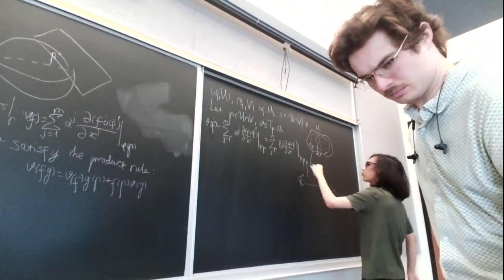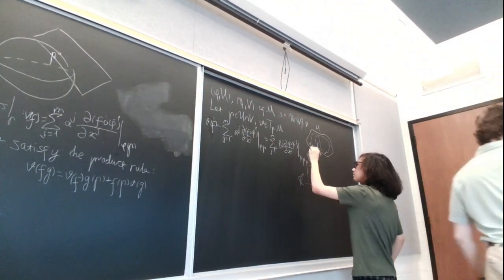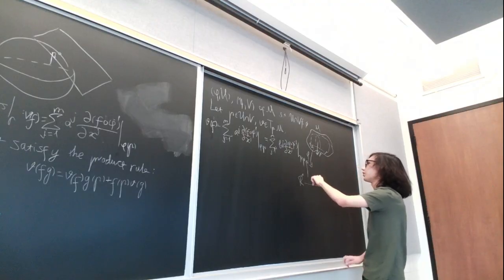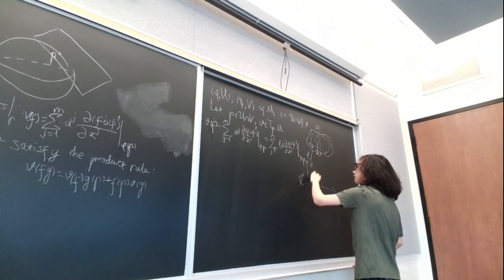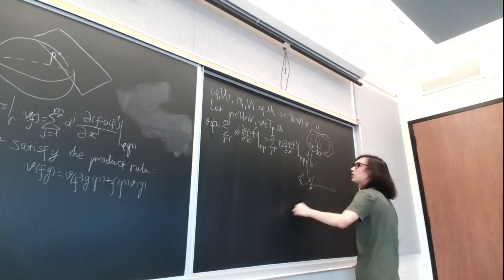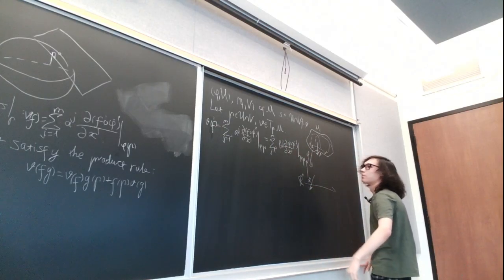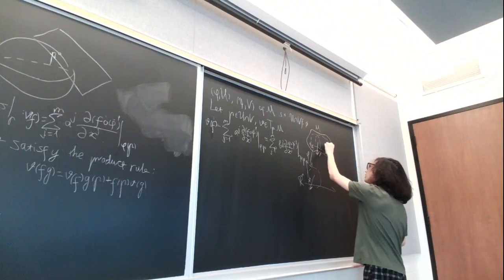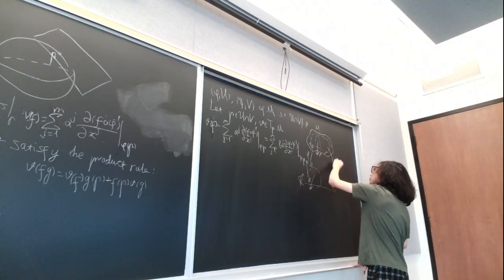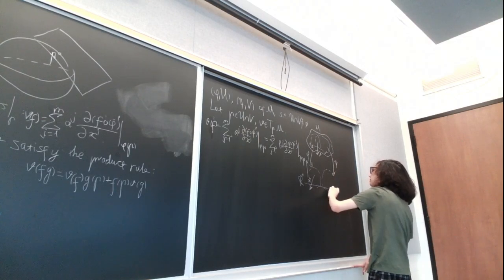So the representation with respect to the local coordinates of phi is going to be some vector A, where the components are the coefficients. And then with respect to psi, it's some other vector B.